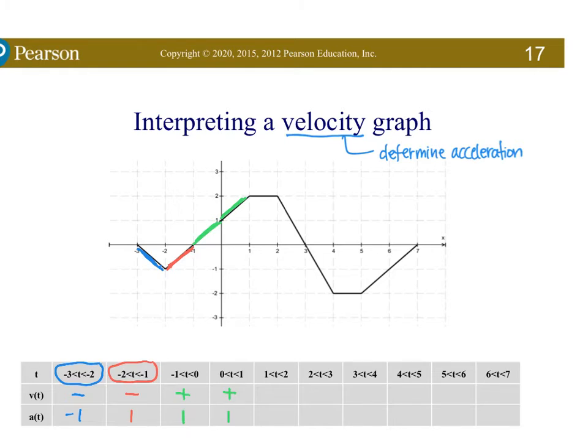From 1 to 2, its values are above the x-axis, so it's a positive, but its slope is 0. From 2 to 3, its value is above the x-axis, but its slope is -2.